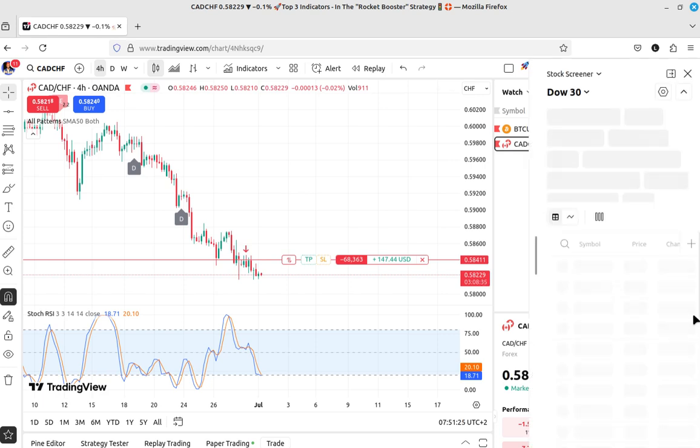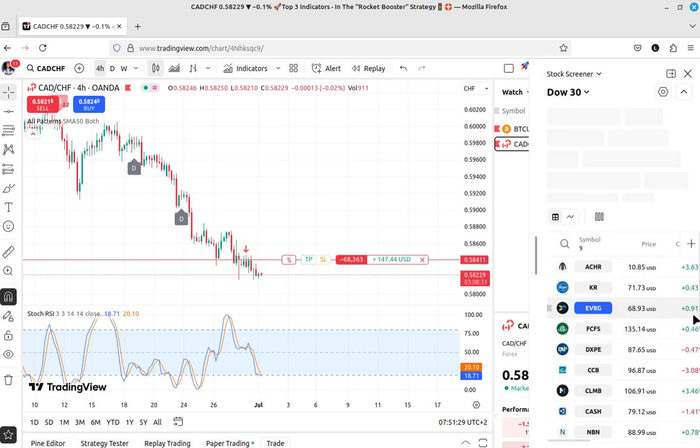Because we're looking for a resistance pattern on the 4-hour time frame.